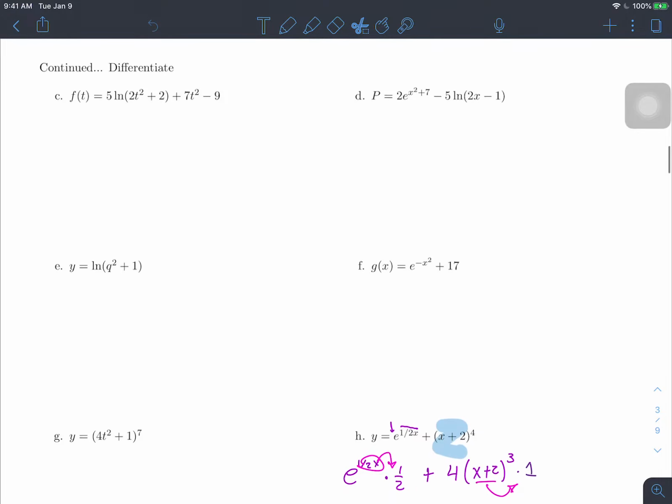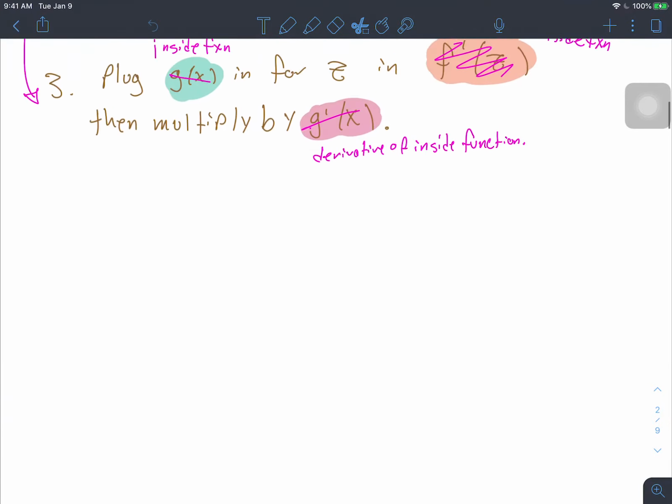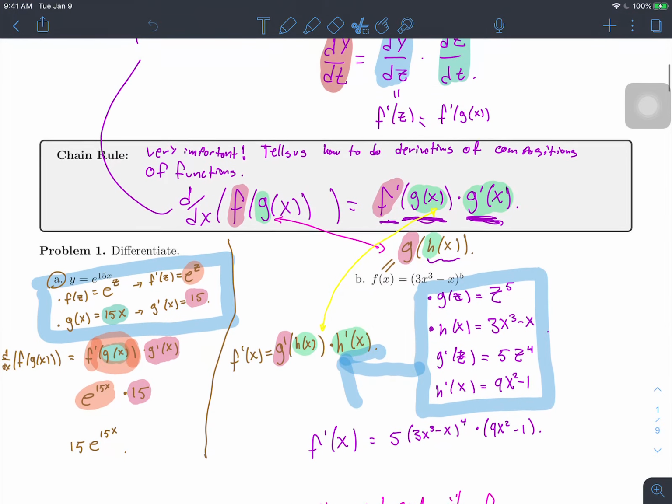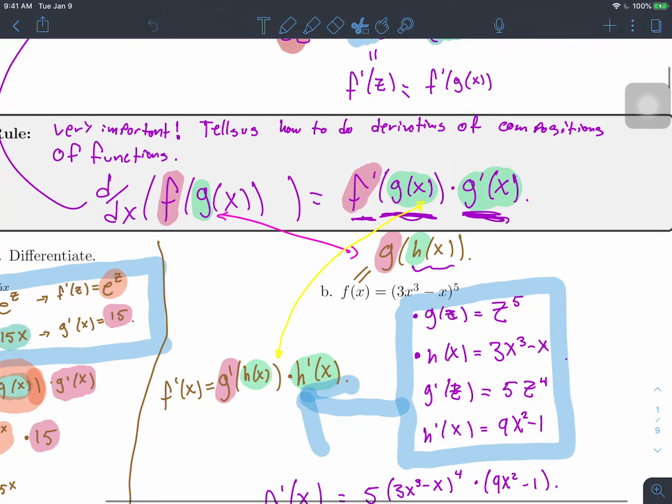So let's first review what the chain rule actually says. Okay? What the chain rule actually says is, if I do the derivative of a composition of functions, its derivative will be equal to, hang on, let me erase some of this. This is getting a little bit crazy here.